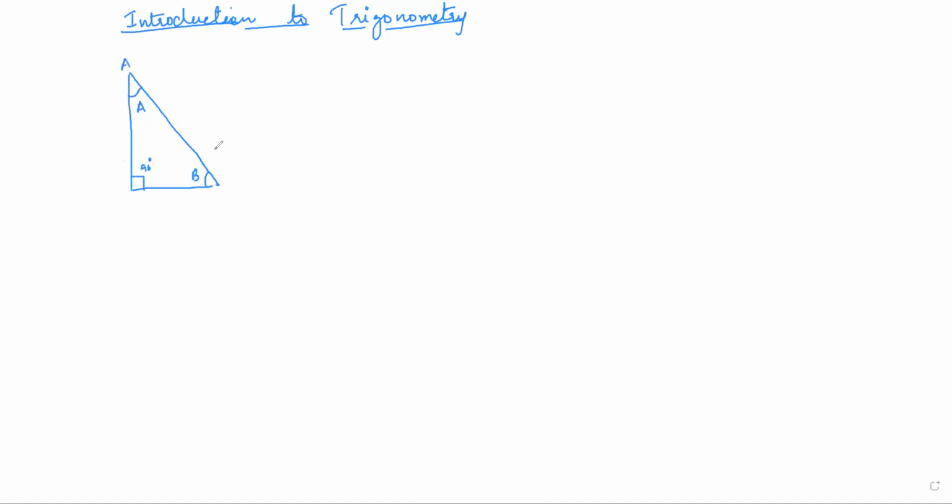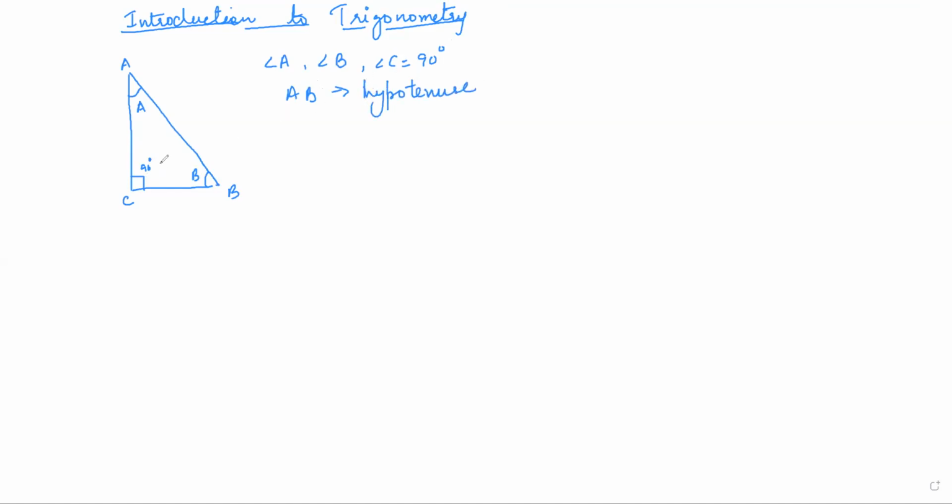Yes, ma'am. I can name it like this. ABC is a triangle. So there are angles which you can see. Angle A is there, angle B is there, and of course angle C is 90 degrees. So one has to be 90 degrees. Then there are sides, like one side is AB, which is called the hypotenuse. Understood? The hypotenuse is the longest side of the triangle.